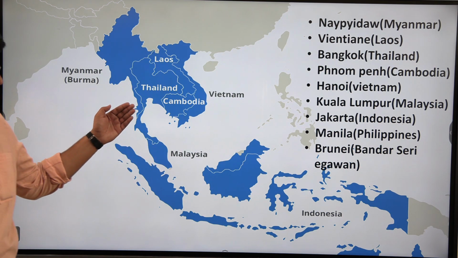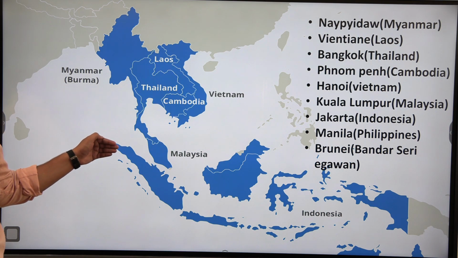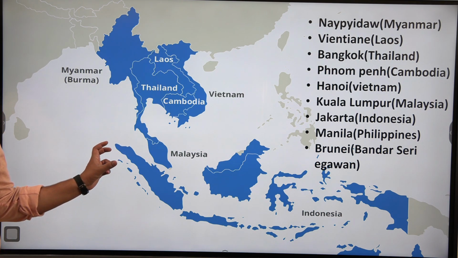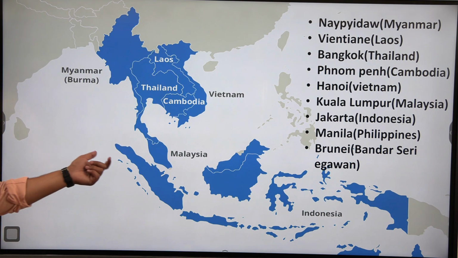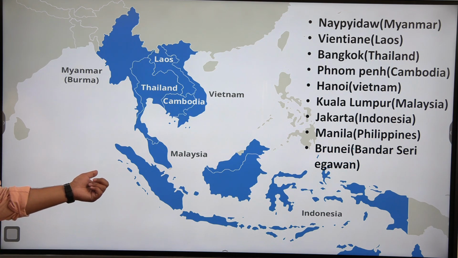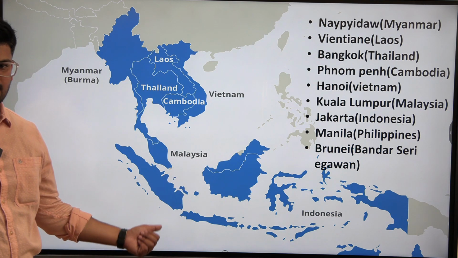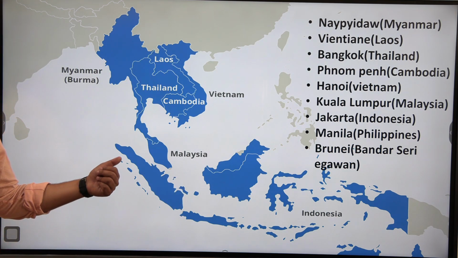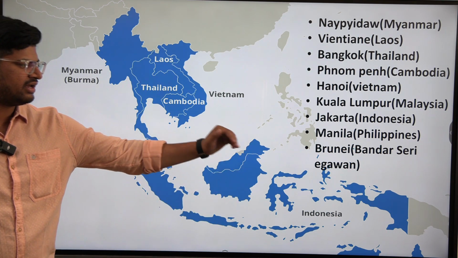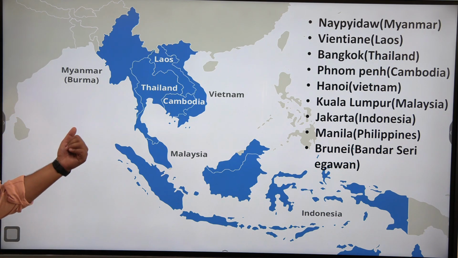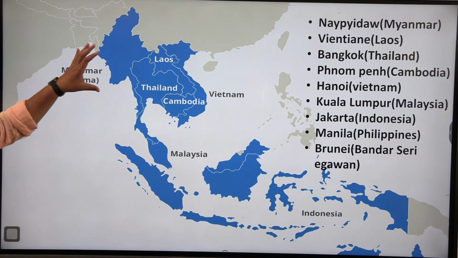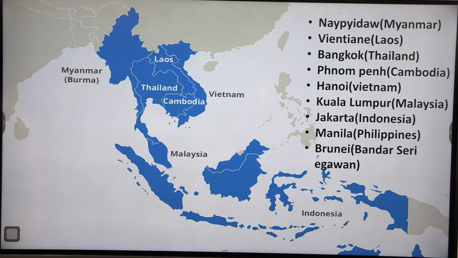Then you have Singapore. Singapore is a small country. Then you have the Philippines here. The Philippines capital is Manila. Then you have Brunei. Brunei's capital is Bandar Seri Begawan. So these are all Southeast Asian countries.